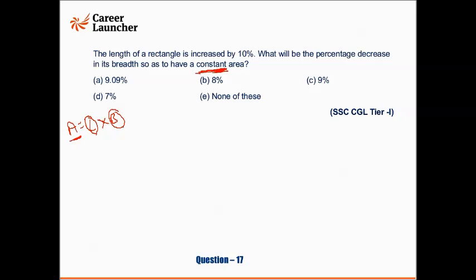The conventional method, like you can do it in this way, you apply this method, A plus B plus AB by 100. So see, length has been increased by 10%, so positive 10. B will be the change in breadth, but as this change is decreasing, we'll denote it by minus, correct? Minus M, and then plus AB by 100. Now A is increment, B is decrement, so this is positive, this is negative. If we multiply plus by minus, we'll get minus as a result.